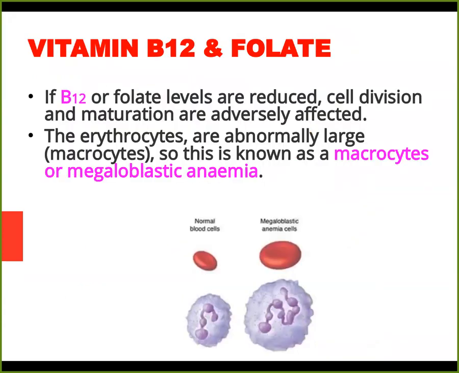For production of red blood cells, we use not only erythropoietin, but additional factors. The most important factors are vitamin B12 and folic acid. And these components are used for growing and dividing red blood cells during erythropoiesis.